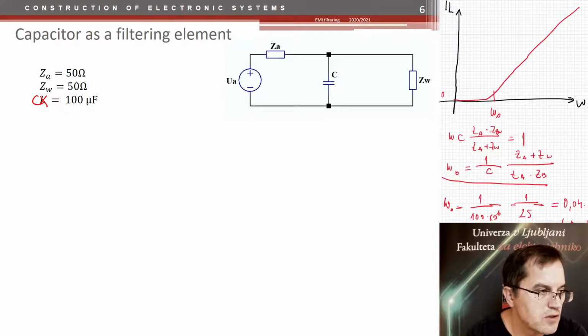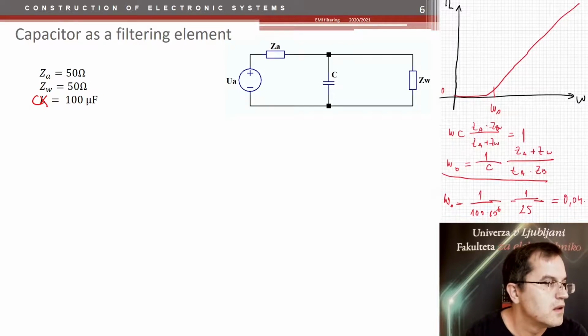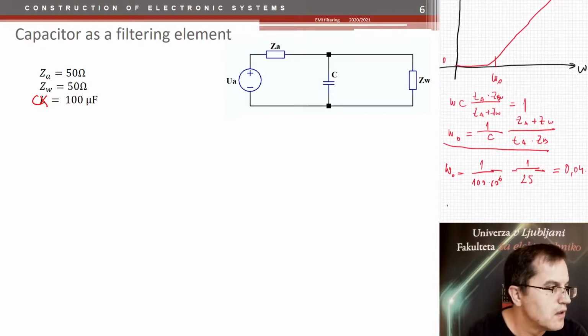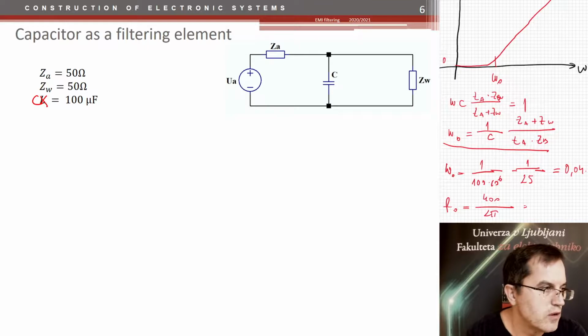Divided by 6.28 to calculate the frequency F0. Okay, we'll do that. Frequency F0 would then be 400 over 2 pi, and this would be around 2/3 times 100.